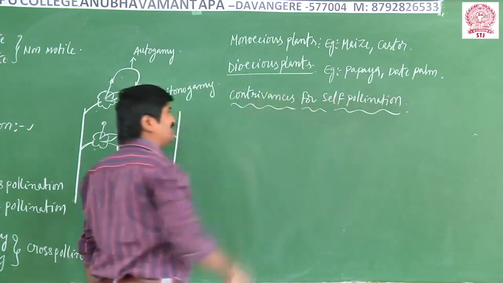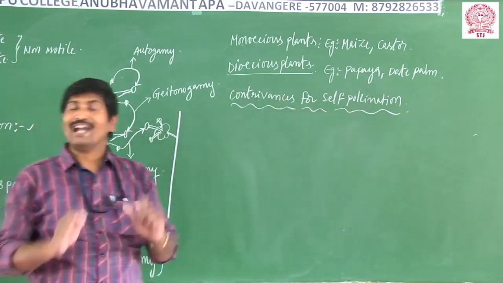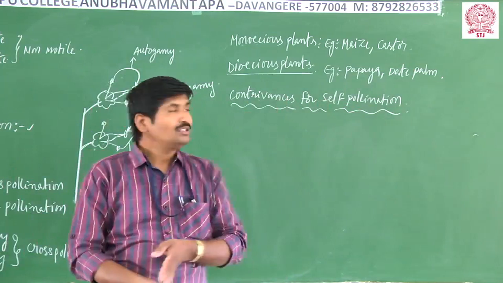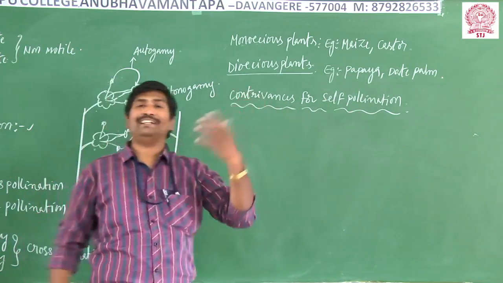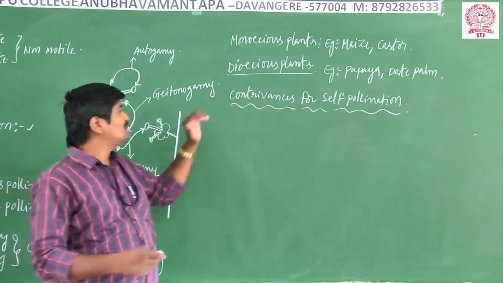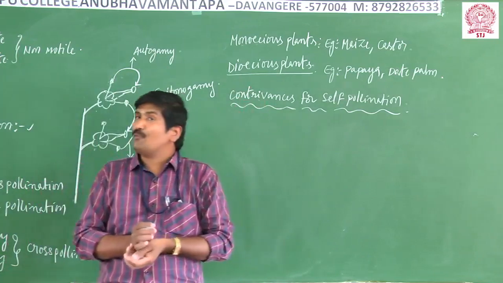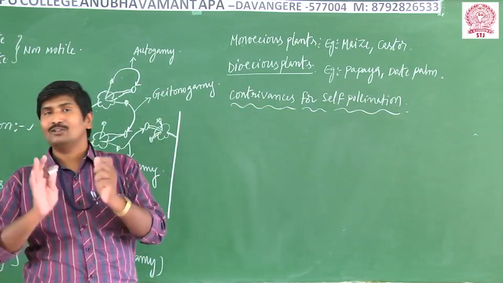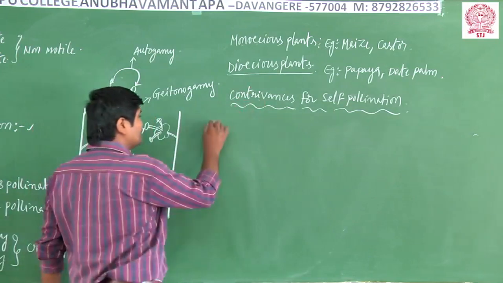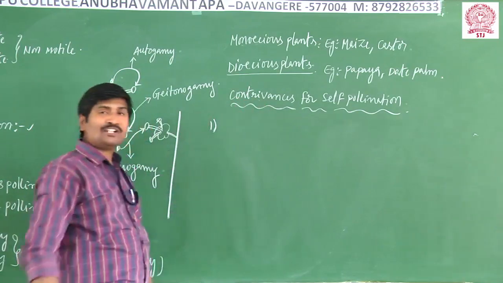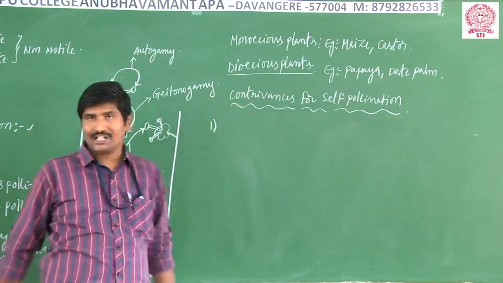What is the meaning here? The consequences means adaptation. What are the consequences for self-pollination? Mainly five are there. These are devices or adaptations for self-pollination.